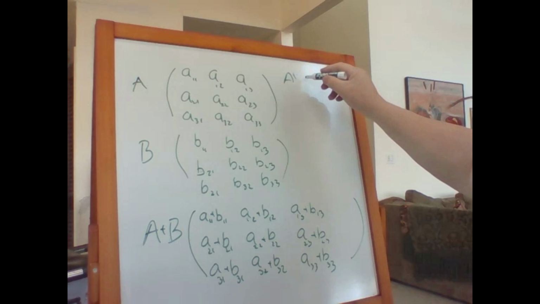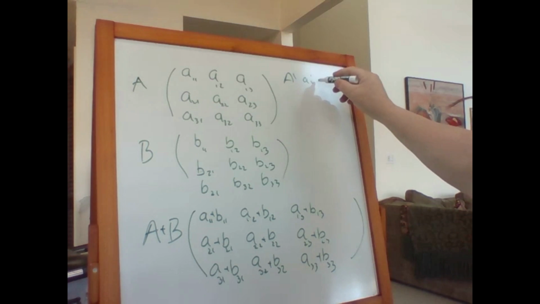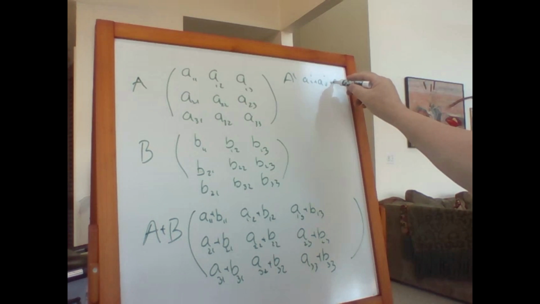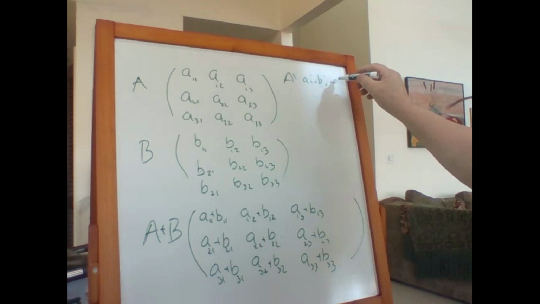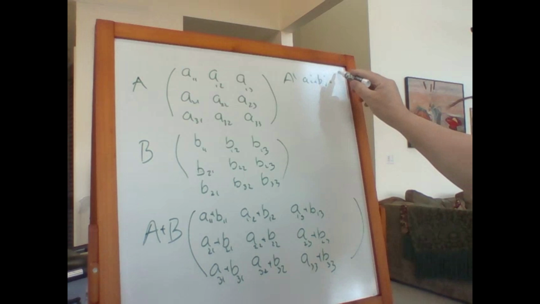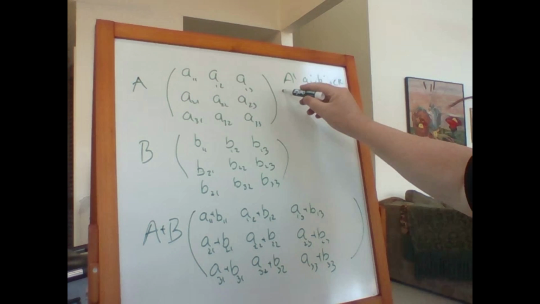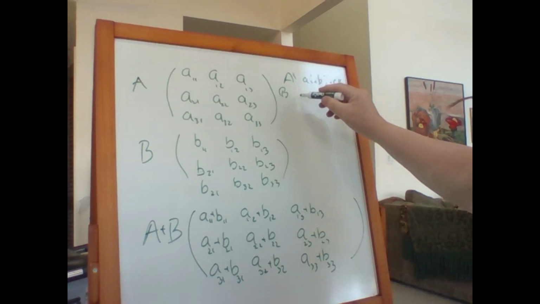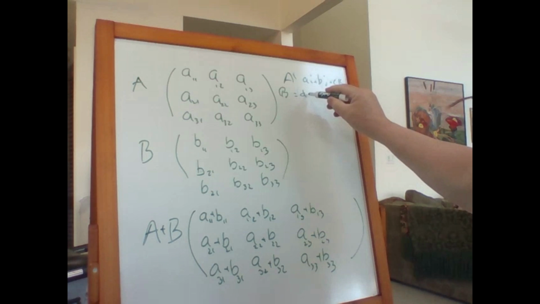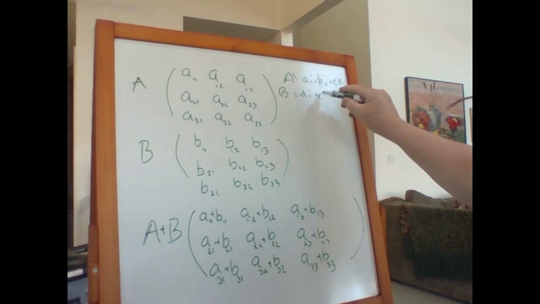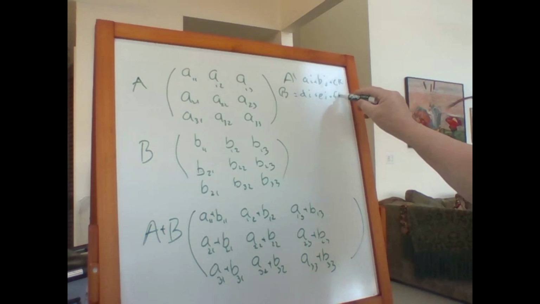So like a vector, A equals AI plus BJ plus CK, and B is equal to DI plus EJ plus FK.